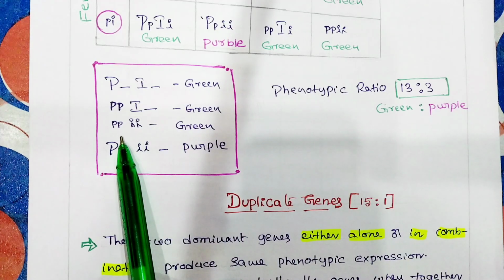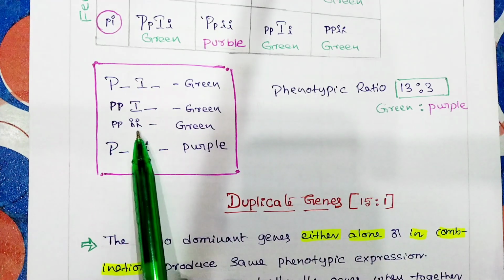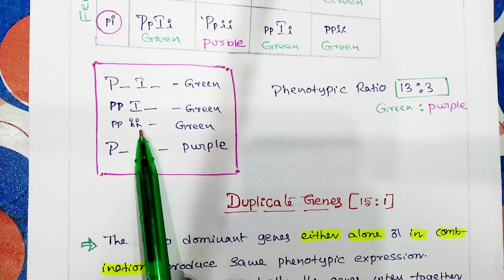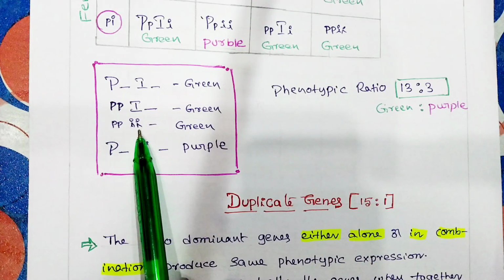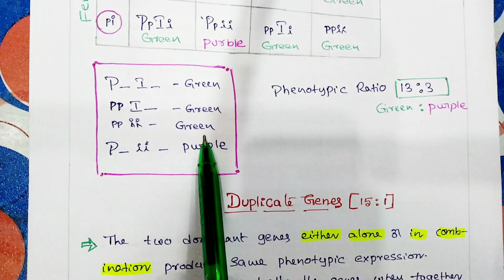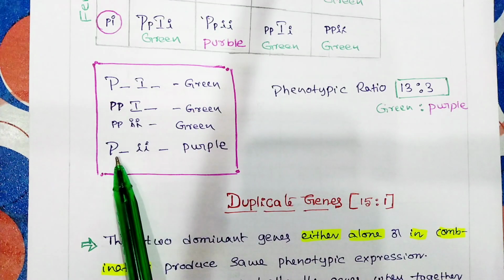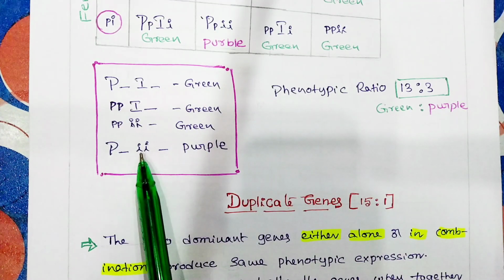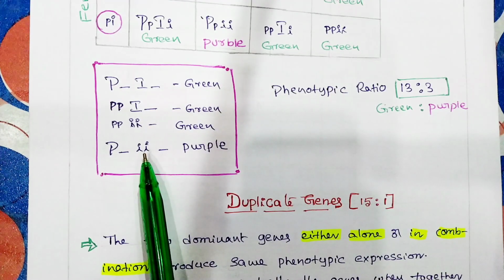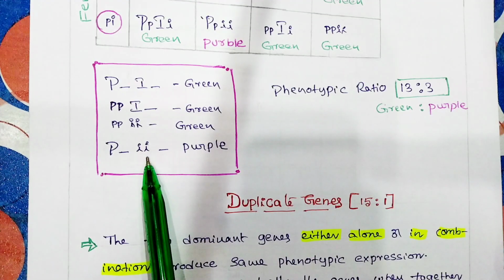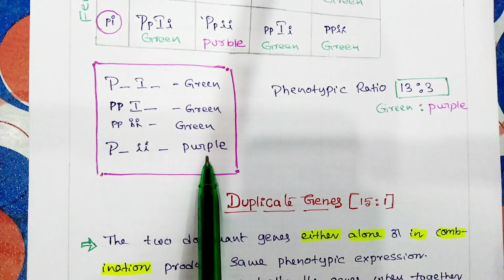The third situation is when both genes are in recessive condition; they ultimately produce green color as well. When capital P is present with small i, there is absence of capital I, and only then will they produce purple color.